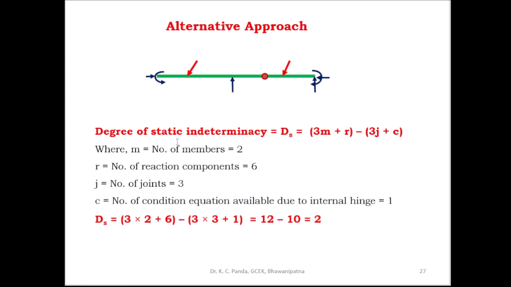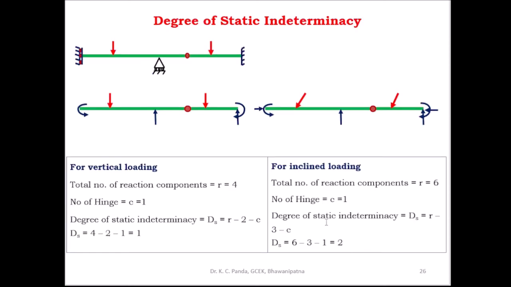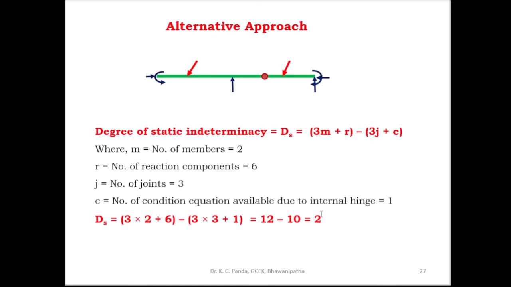Then by using these values in the expression, ds is equal to 3 into 2 plus 6 minus 3 into 3 plus 1. This is equal to 12 minus 10 is equal to 2. And here also you got 2 when the beam is subjected to inclined loading. So this is the degree of static indeterminacy of this type of structure.